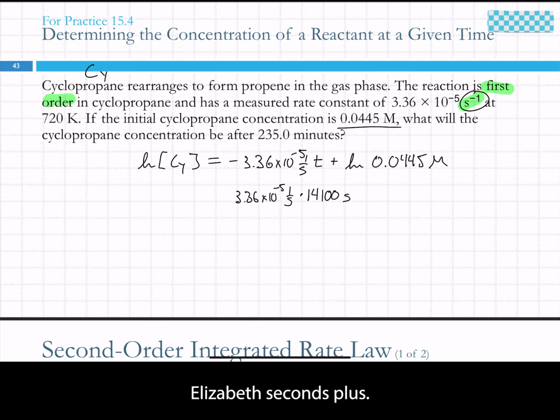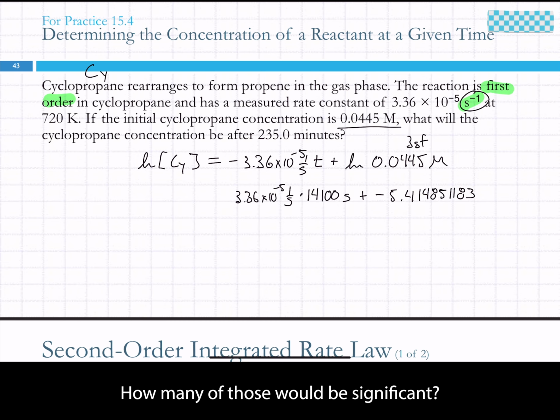Now those are both seconds. Plus, oh, and here's a good example. So 0.0445, how many sig figs is that? 3. Start at the first non-zero number and then count from there. So that's 3 sig figs. If I take the natural log of that, I get negative 5.41485118.